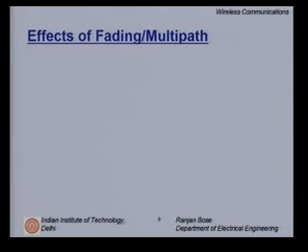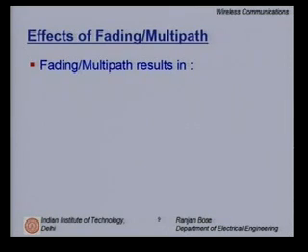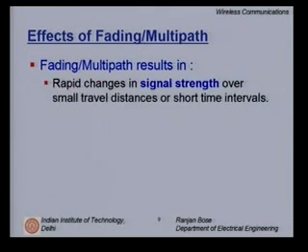In literature, many times you will see the word multipath fading being used together. Fading and multipath results in rapid changes in the signal strength over small travel distances or small time intervals.